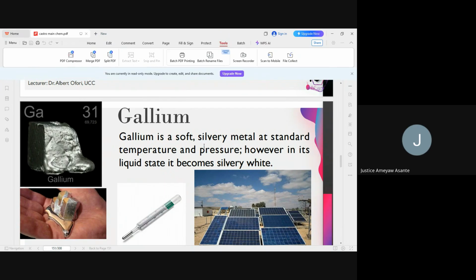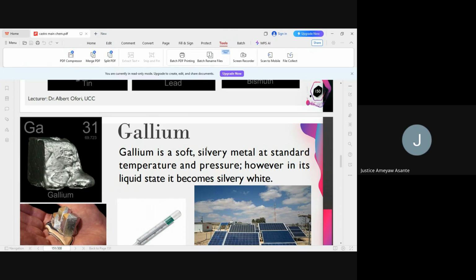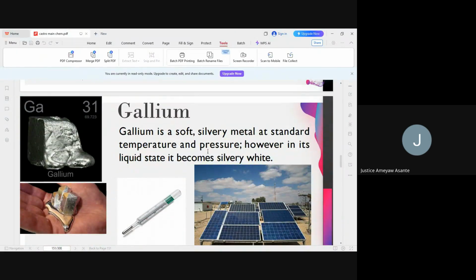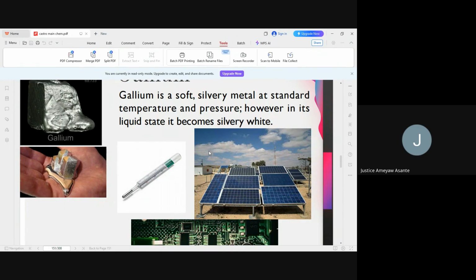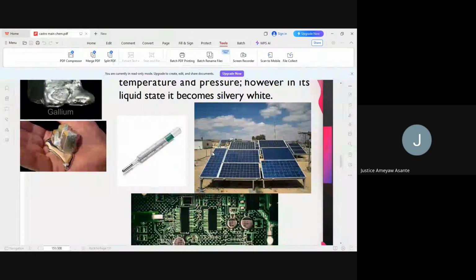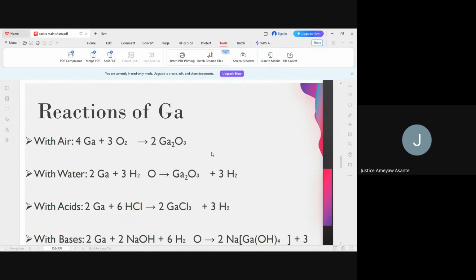So here, gallium is also part of the group 3 elements. It's also a soft, silvery metal at standard temperature and pressure. In its liquid state, it becomes silvery white. It also undergoes the same reactions with air.